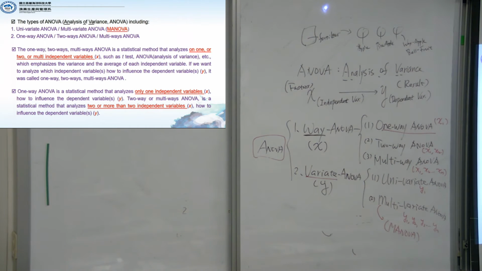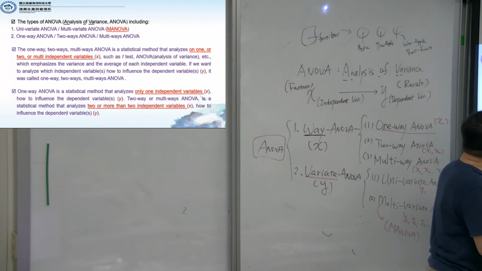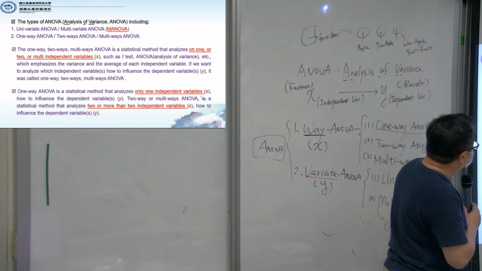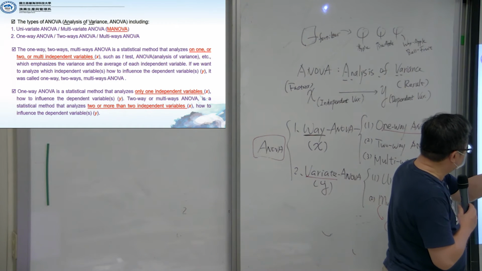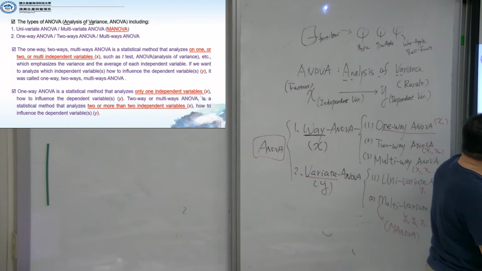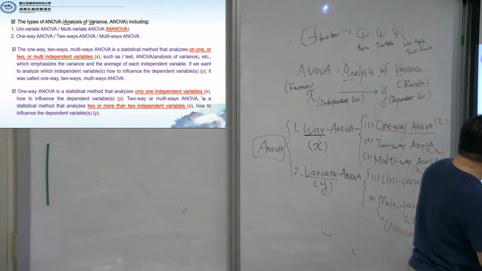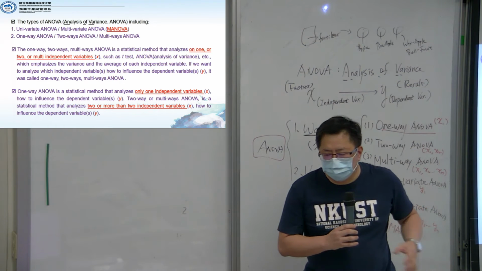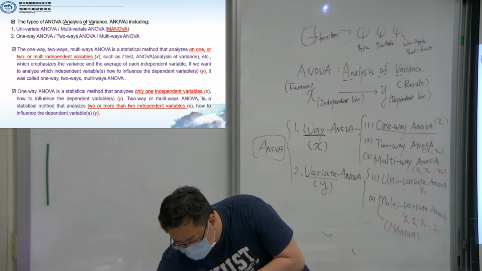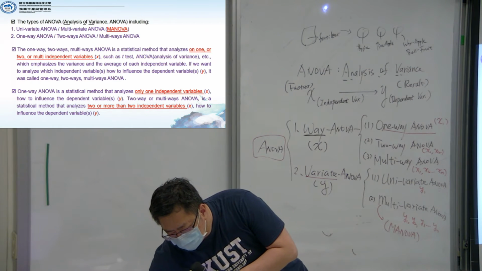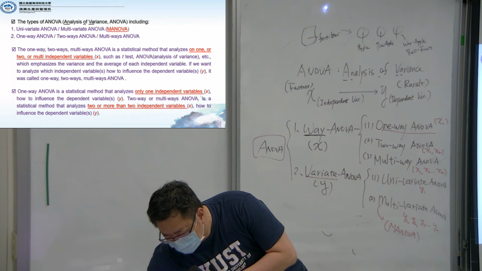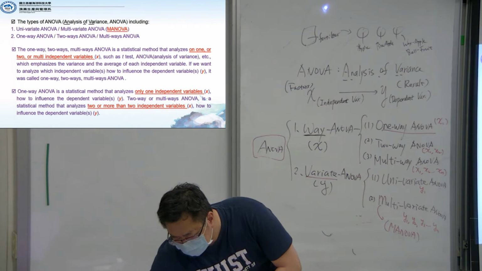So they analyze only one dependent variable, okay? Two is analyze two. Three or more than three is multi-way, okay? I think I already taught you, so I don't need to read it again. You go home, you read it, okay?